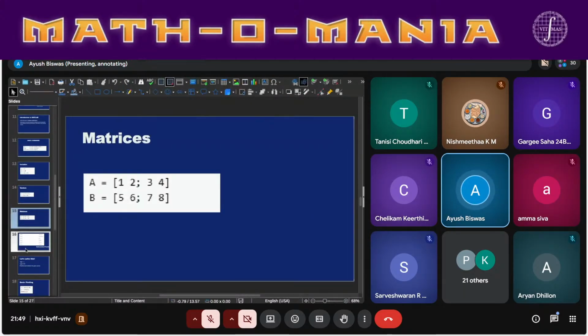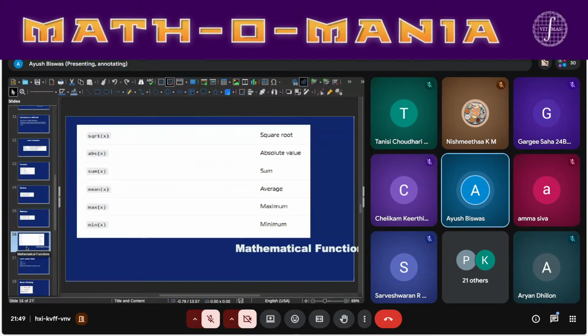After matrices, let us look into some mathematical functions that are generally used in any project, and it is good to have a look at them. Square root of x gives you the square root of a number. Absolute value gives you the number without the sign.